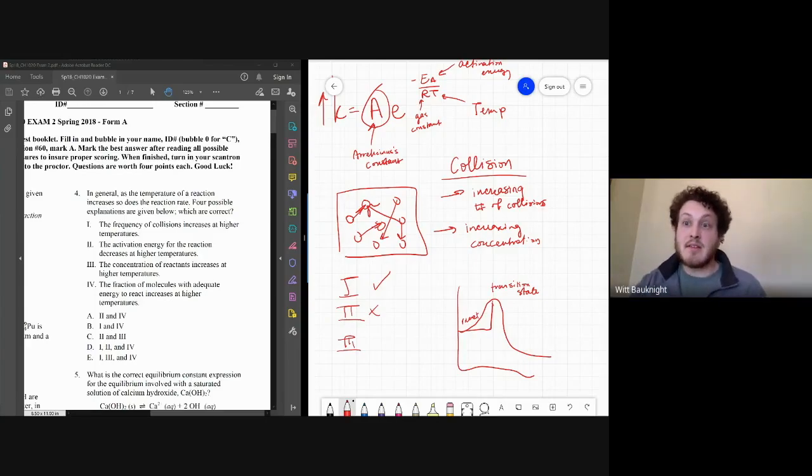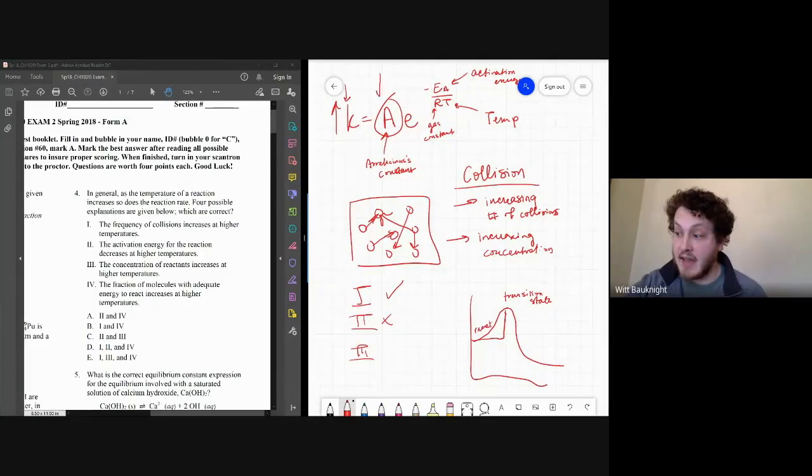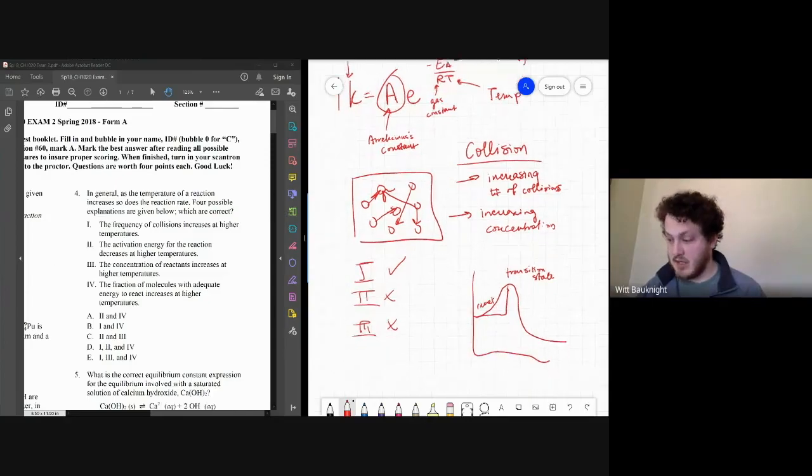If we leave it out in the sun and it heats up, is it any more sweet? No, there are still the same number of sugar particles in that glass of sweet tea. Therefore, temperature has nothing to do with concentration. Concentration would increase A, but temperature doesn't affect concentration. So this statement is false.